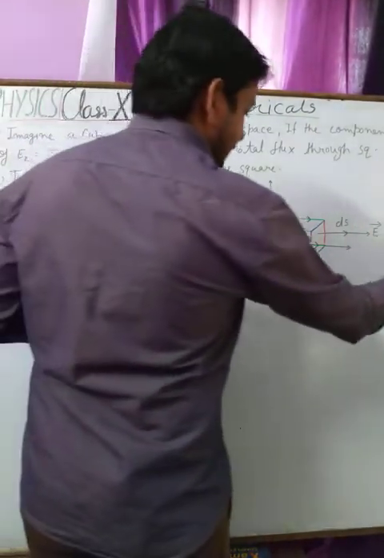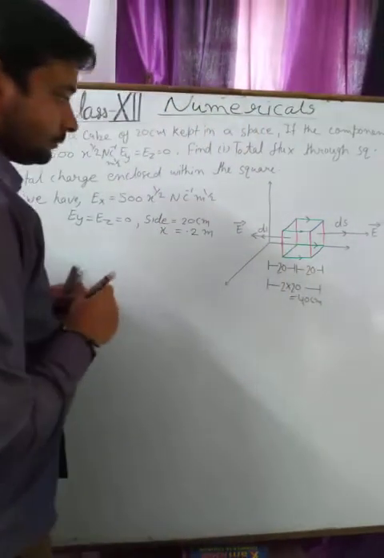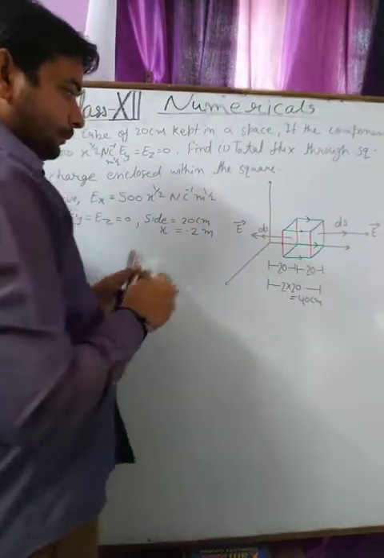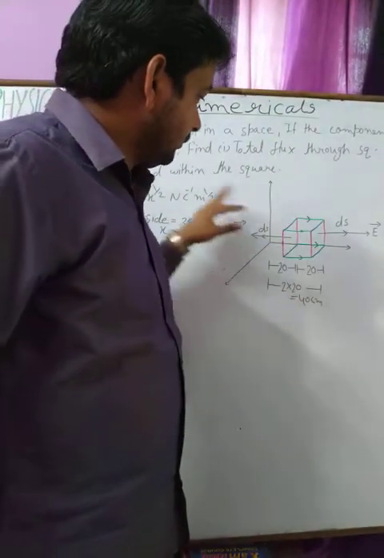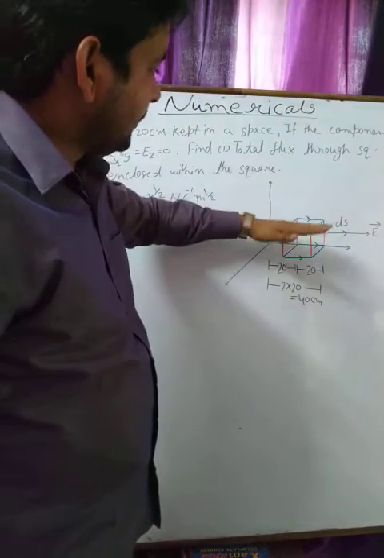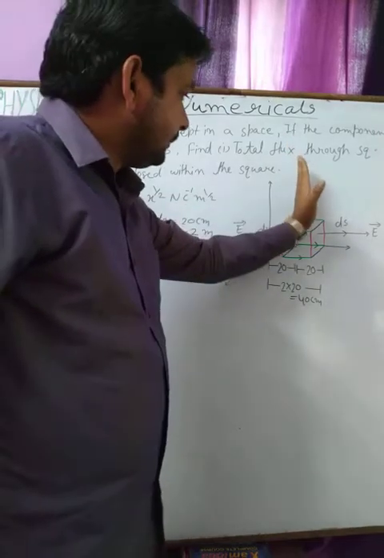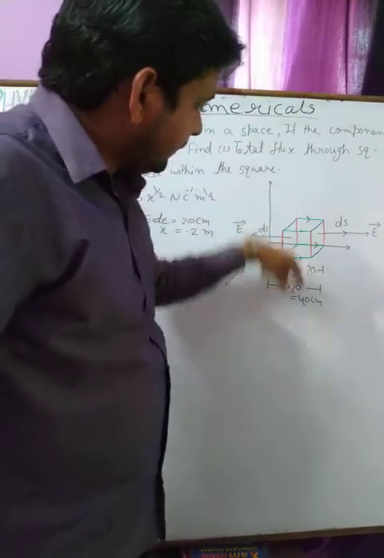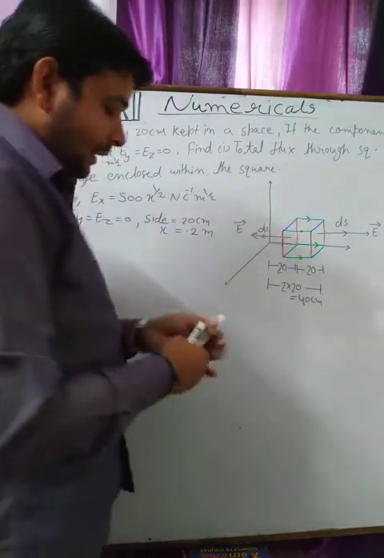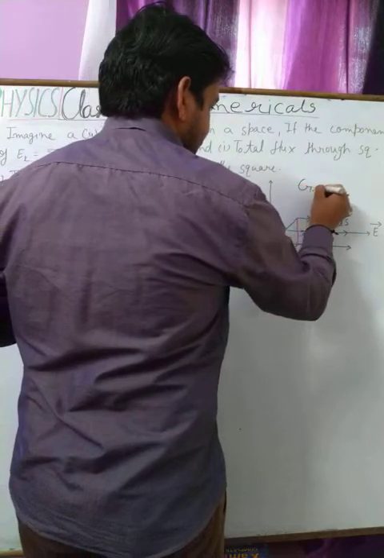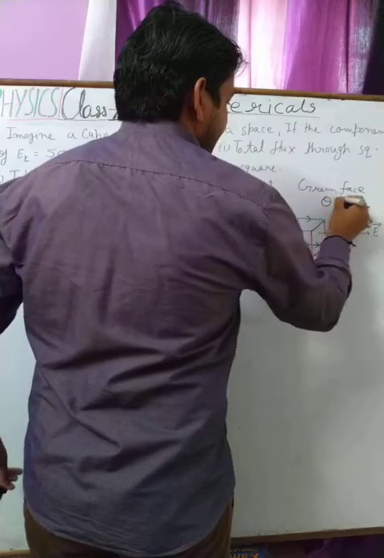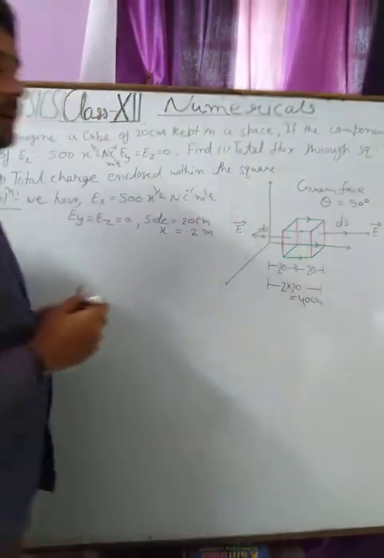The green face is linked with the y surface, which means it is in the y direction, and also the bottom is in the y direction. So the green face has angle theta of 90 degree. It is clear, student?